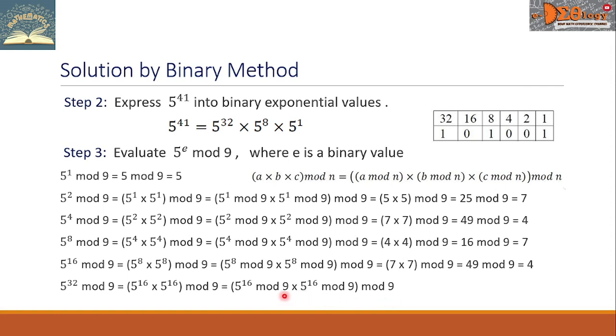Let us substitute the value of this 5 raised to 16 mod 9 from our previous step. The value is 4. So we substitute it like this, 4 times 4, then mod 9. The product 4 times 4 is 16 mod 9, and we simplify this into 7. So we are done with step 3.